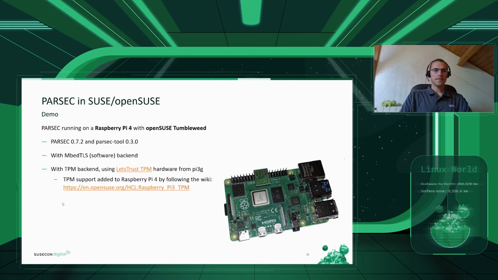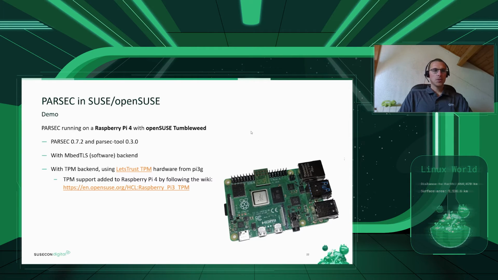So now we will have a quick demo of Parsec running on the Raspberry Pi 4 with openSUSE Tumbleweed. This is with Parsec 0.7.2 and parsec-tool 0.3.0.